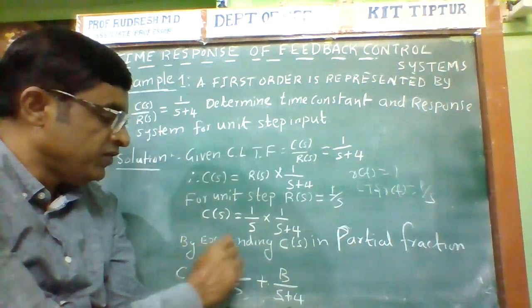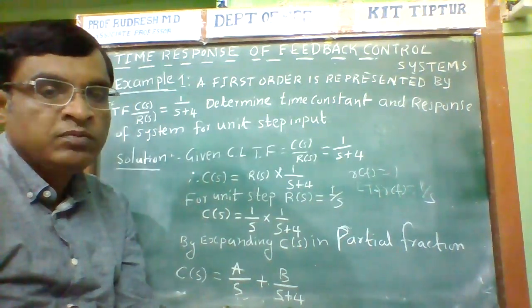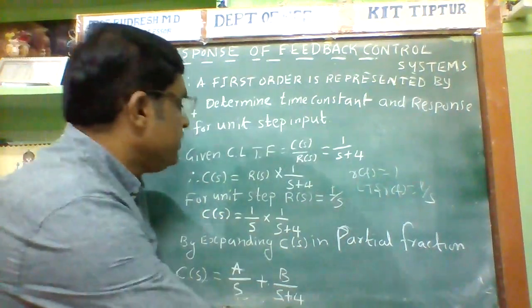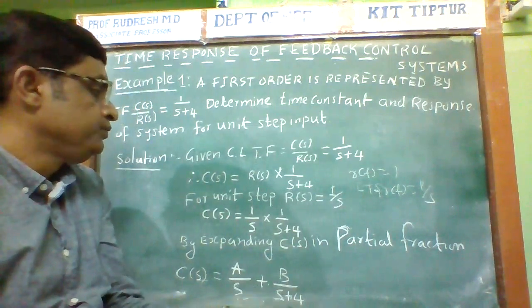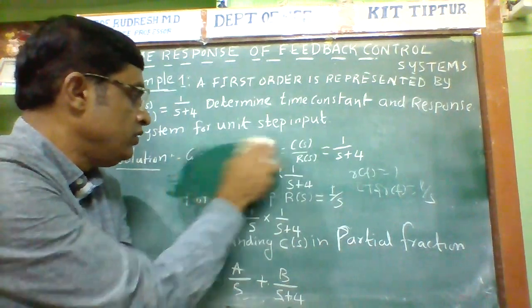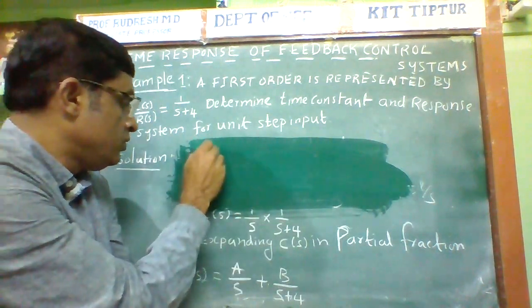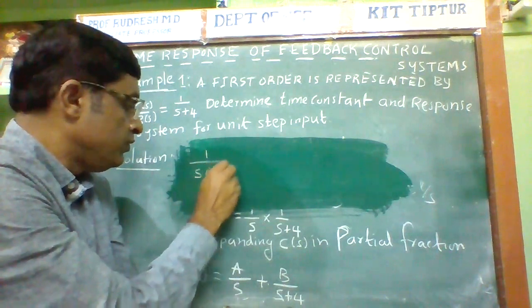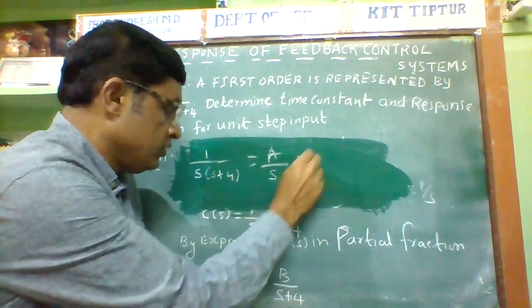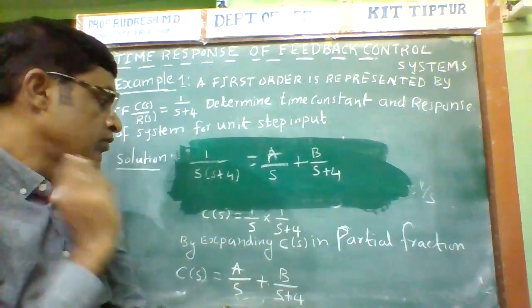On the left hand side, C of s is equal to 1 by s into s plus 4, and on the right hand side, A divided by s plus B by s plus 4.